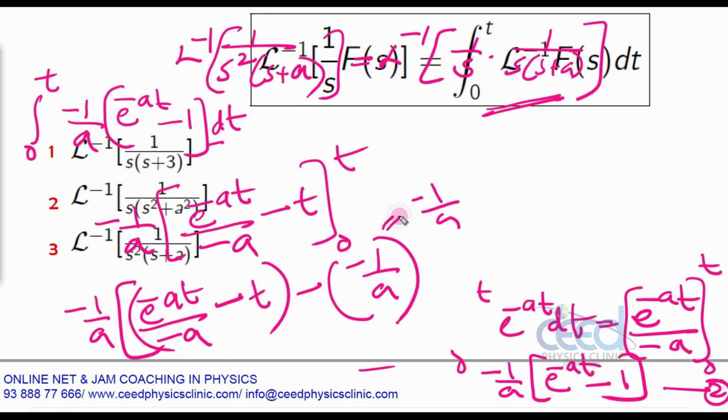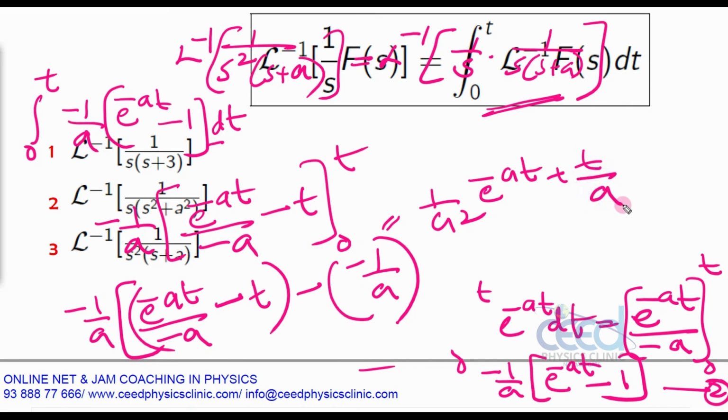So let me simplify this. I can open the bracket, so that is 1 by a square e raised to minus at. Here we have minus, here minus, here also t by a.